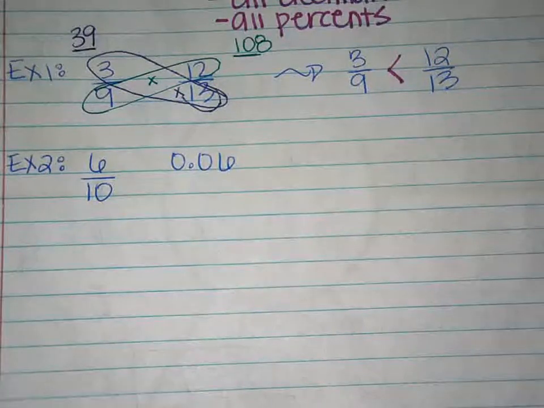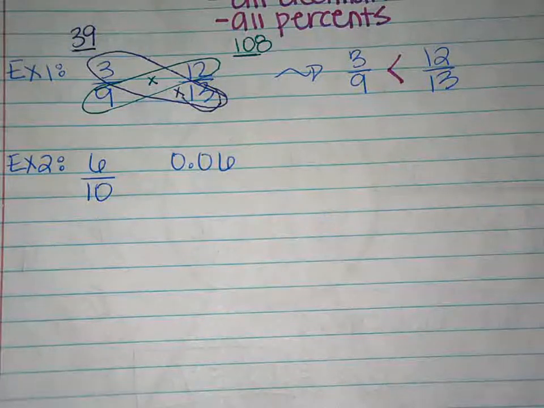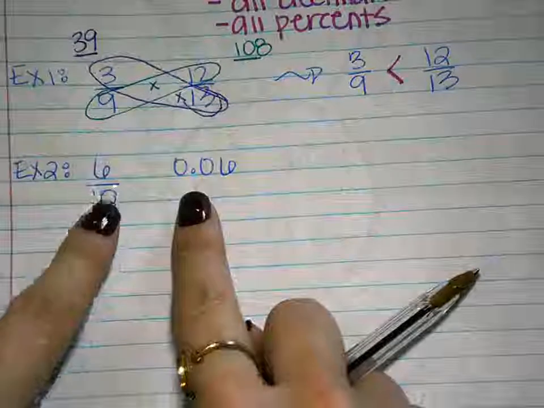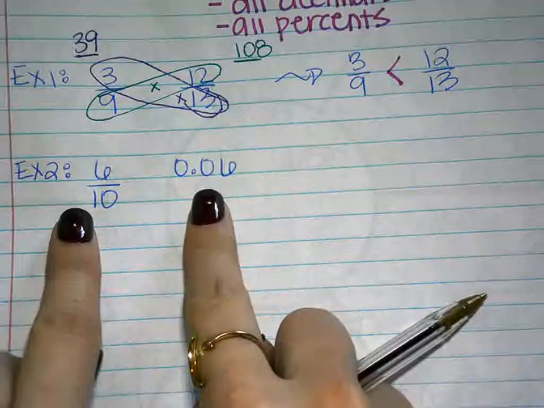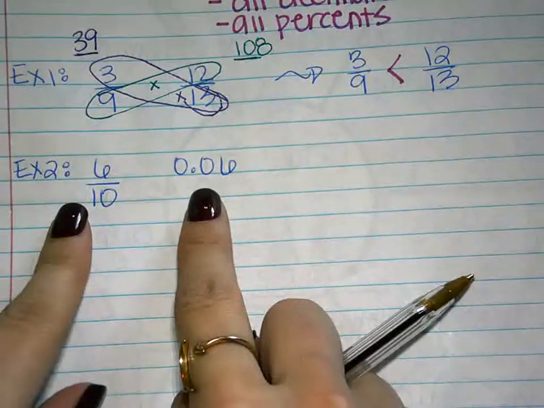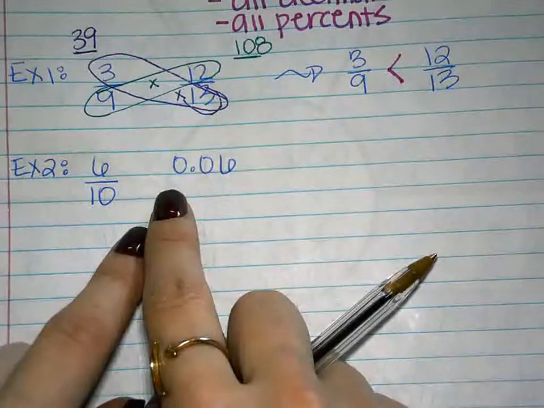Can I compare a fraction to a decimal? No, I can't. What do I have to do? I need to change it. I either need to change this to a decimal, or I need to change this to a fraction. Which one do you think is probably going to be easier?